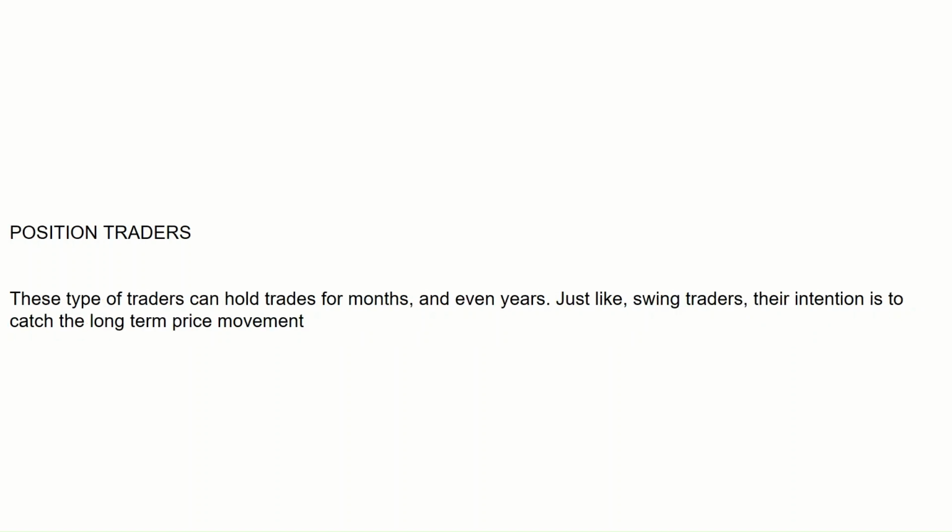The next type is position traders. This type of traders, they can hold trades for months and even years. Just like swing traders, their intention is to catch long-term price movements. You see, position traders, as I've explained, they hold trades for months. So this is longer than a swing trader would hold a trade for.